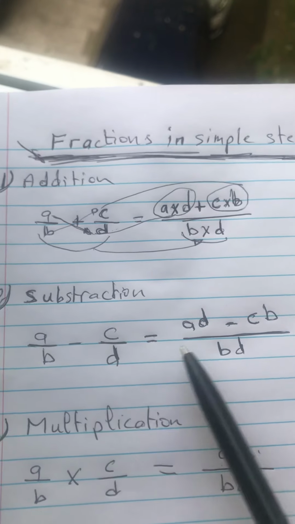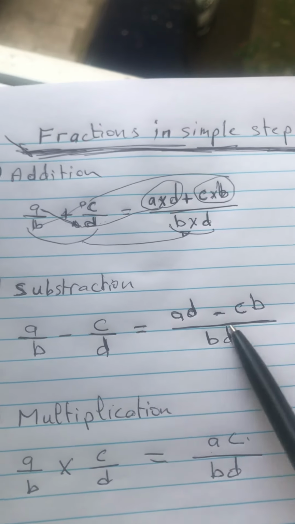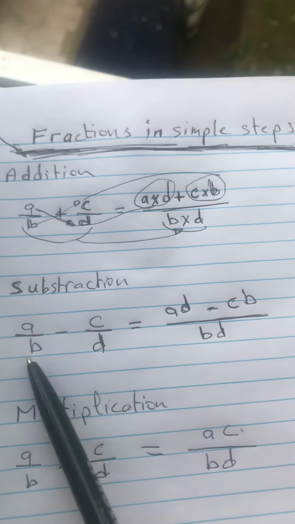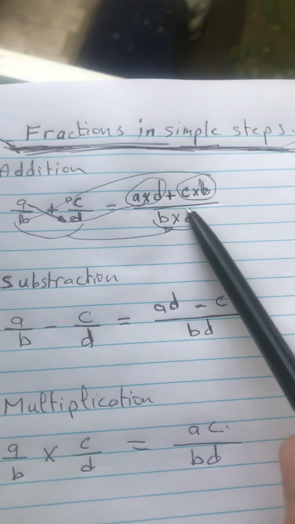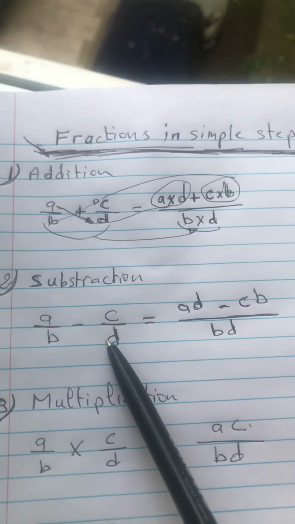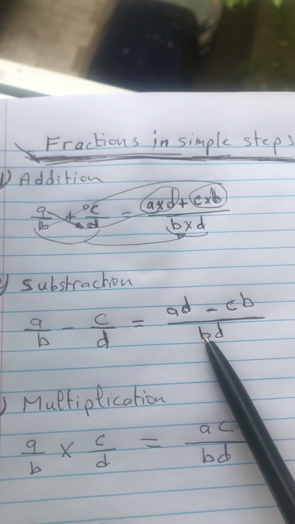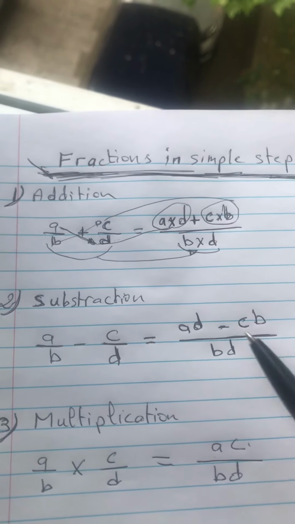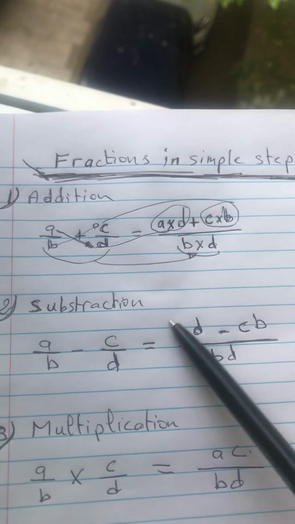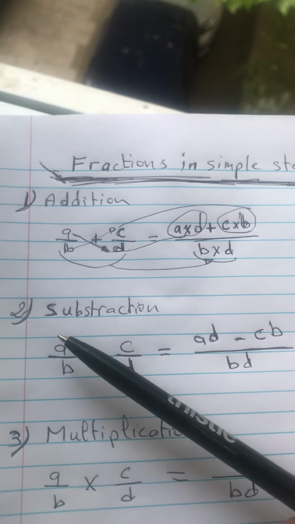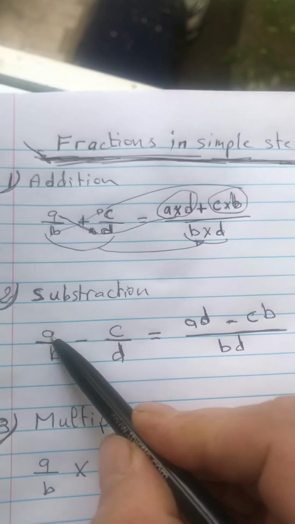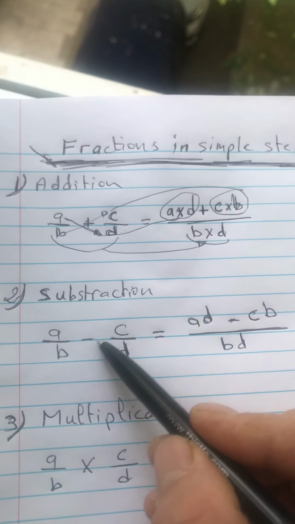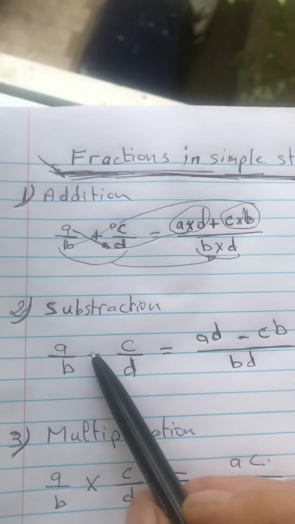If you remember this, we start with a line, then denominator. The denominator is multiplying two denominators, just like what we have done with addition. So b times d comes here. Then the top part, we cross these two like that and like that. We cross a with d and c with b, and we keep the sign always there.